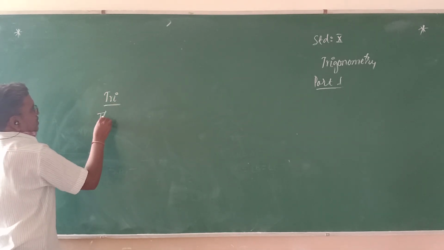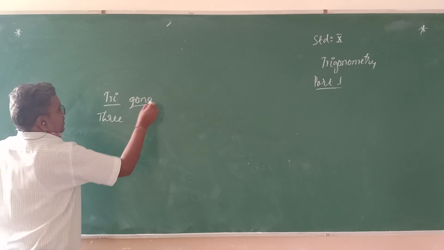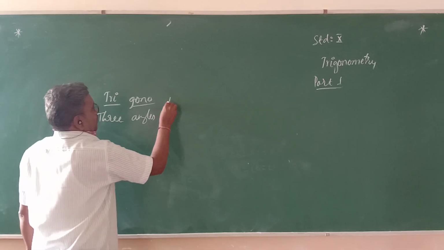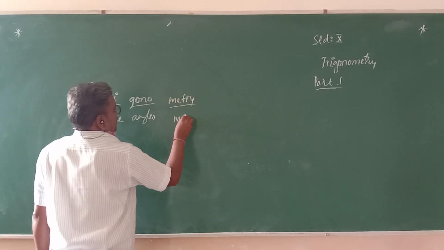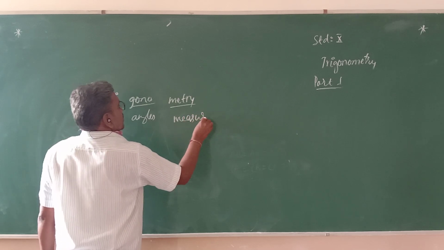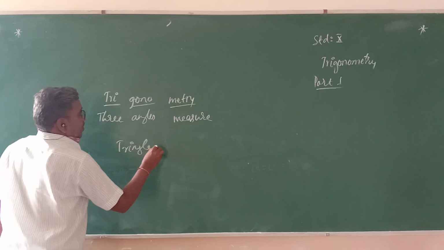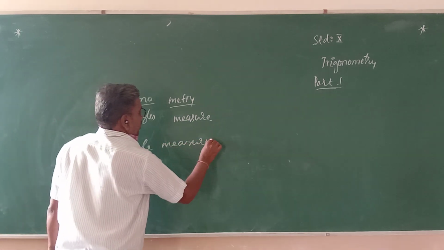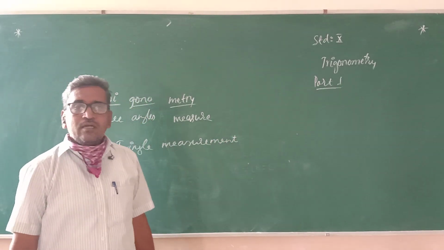Trigonometry: tri means three, gono means angles, and metry means measure. So it means you can tell triangle measurements. So particularly we are studying about right angle triangle.